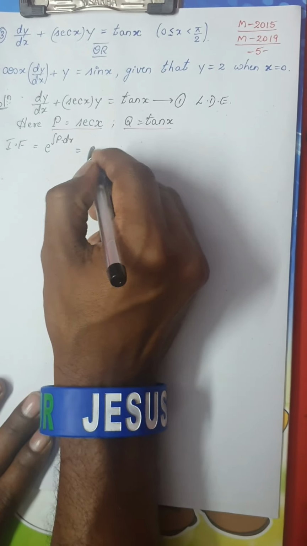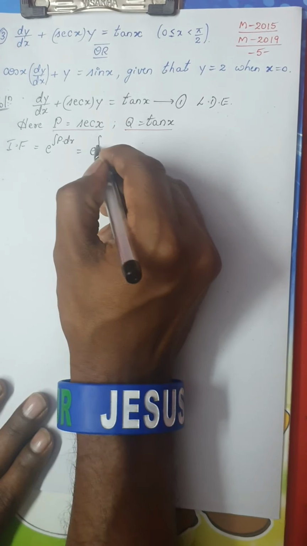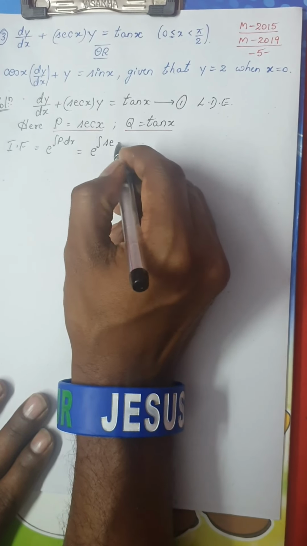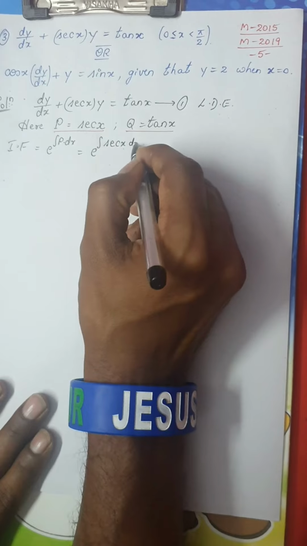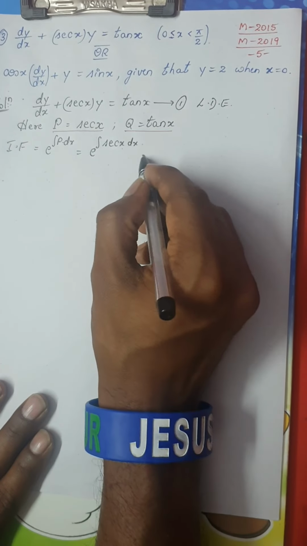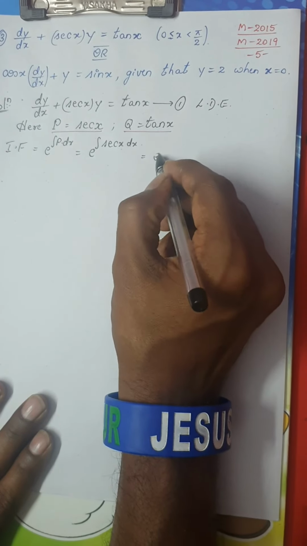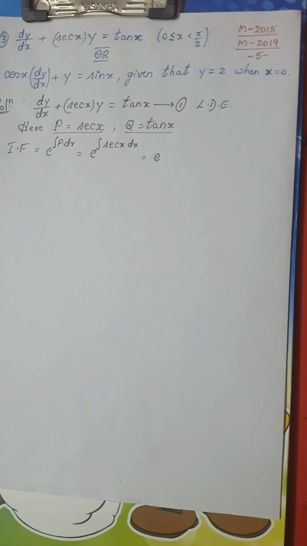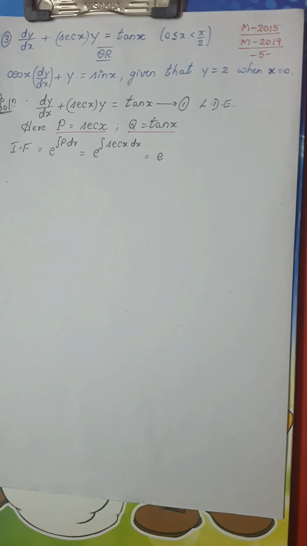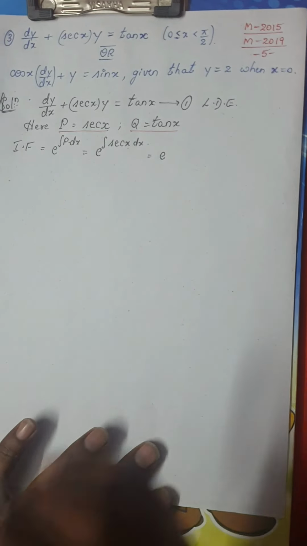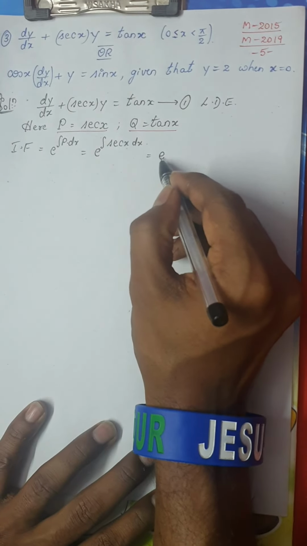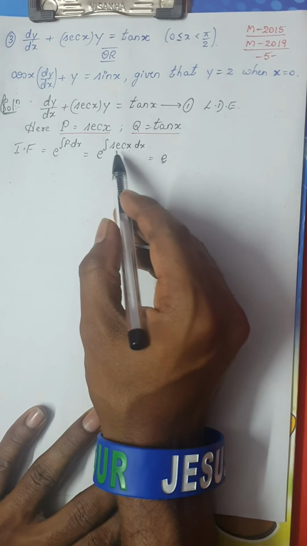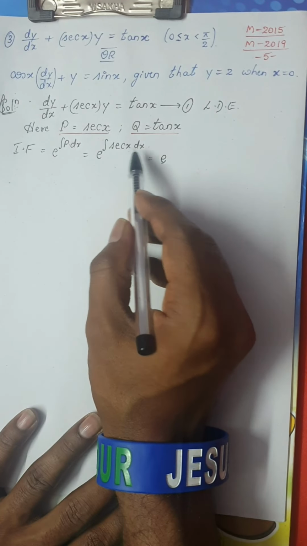This would be nothing but e power of integral of, what is P, actually it is secant x dx, right? Yes students, any idea what is the integral of secant x? I hope you are wondering. You have special results for integral of secant, cosecant, tan and cot.